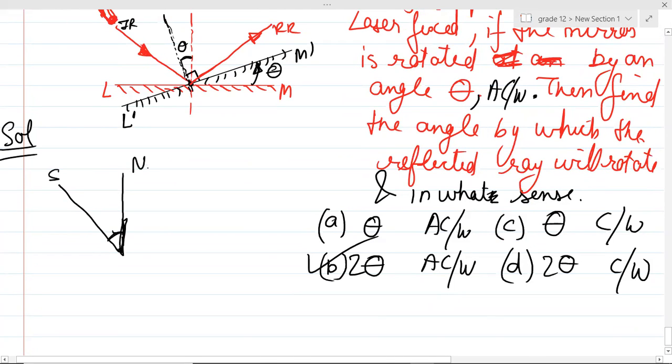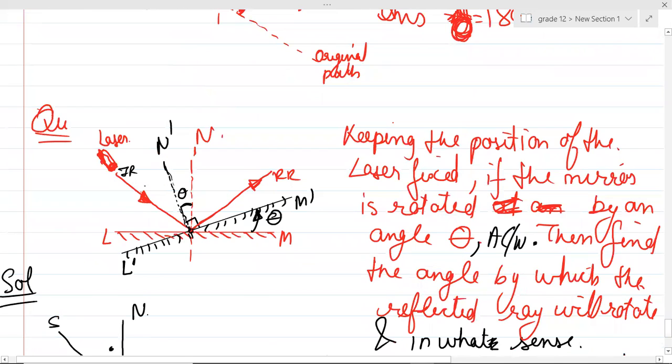The angle between the incident ray and the normal was the angle of incidence, right? Initially, this angle was I. But when this thing rotated by an angle theta, only this is remaining, I dash. This is the new angle of incidence, right?